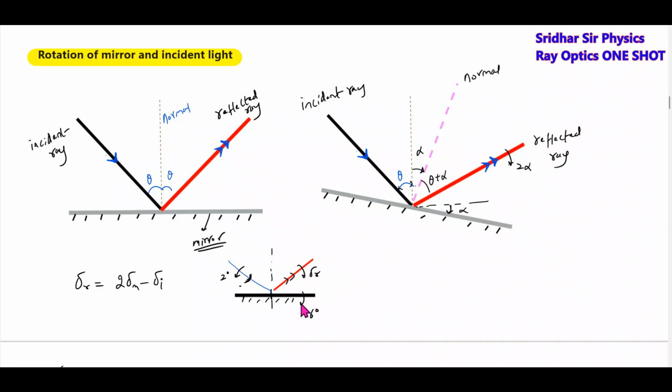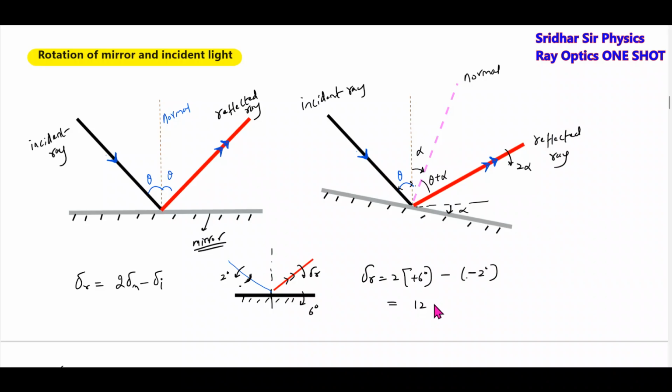So this should be equal to 2 times, this will be clockwise, no? The 6 degrees will be clockwise. The incident ray is rotating anti-clockwise, so you take it as negative. Clockwise we take positive, anti-clockwise we take negative.